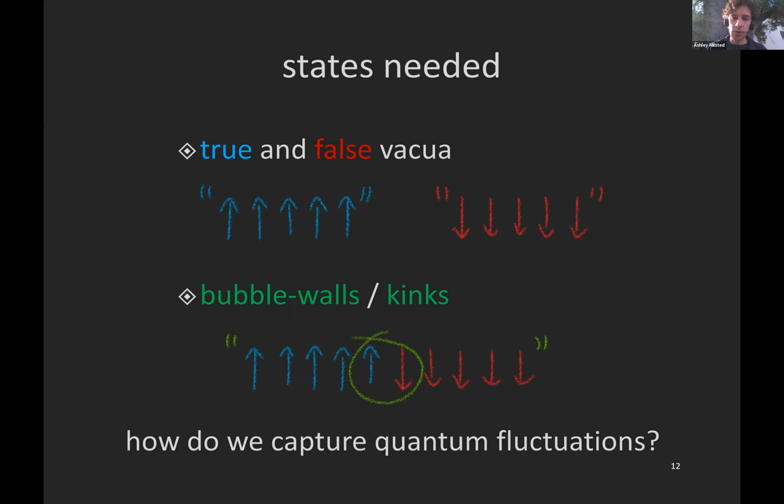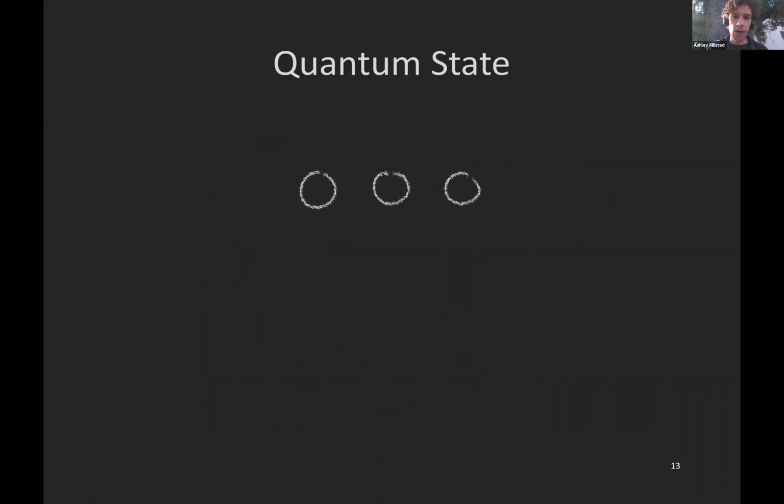So how do we capture these states given that they do have quantum fluctuations? That's why I put these spin up and spin down diagrams in inverted commas, because they're only almost that. They have fluctuations on top of them. So how do we capture those? Well, we're going to use matrix product states. And in case anybody here doesn't know what that means, I'm going to briefly explain how this works.